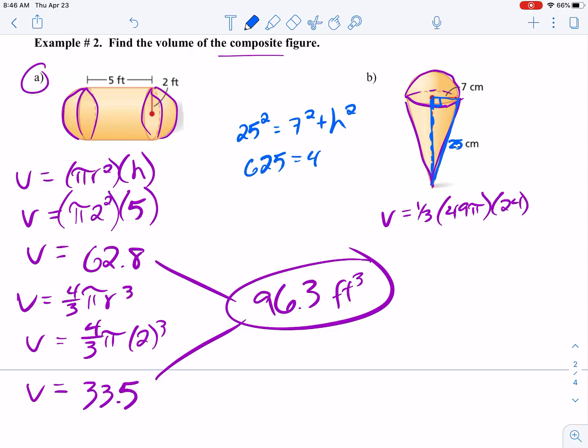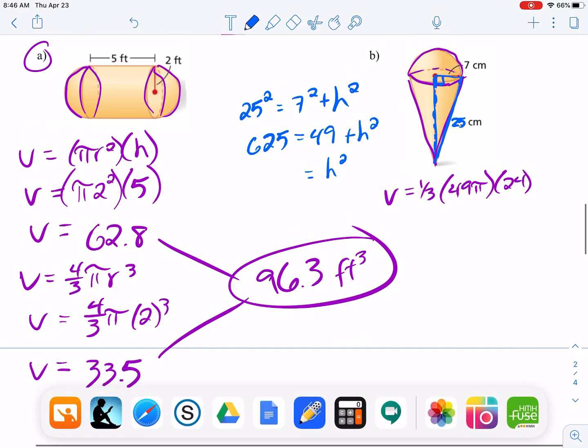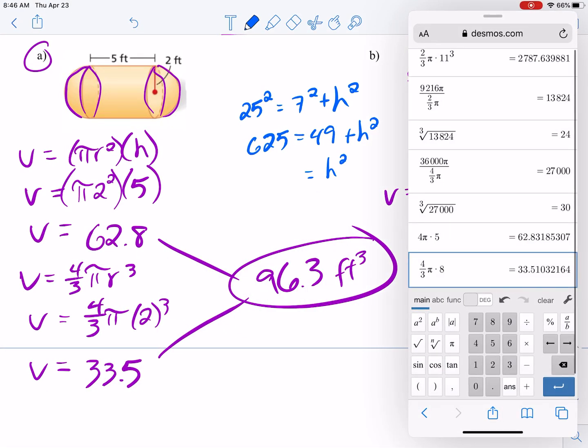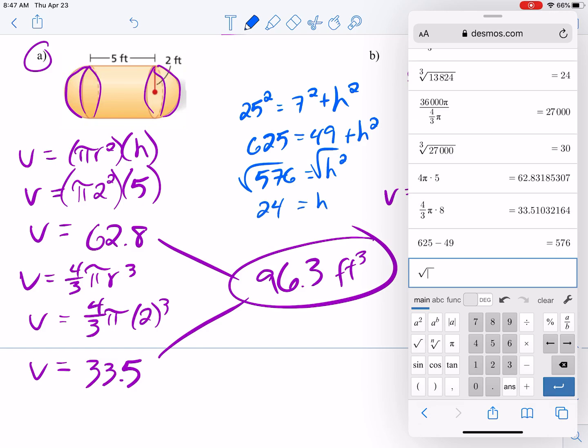625 equals 49 plus h squared. We get h squared equals, I need our calculator here, 625 minus 49, so 576. And when you take the square root, you should get a height of 24. And we do.